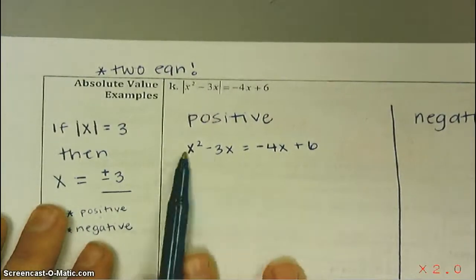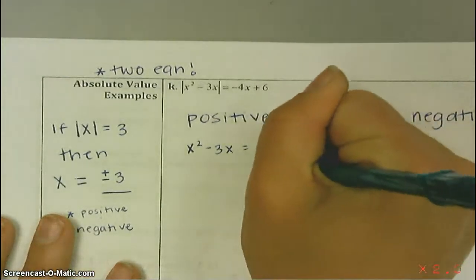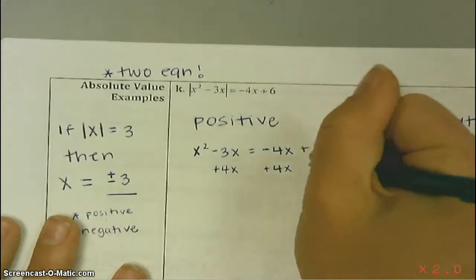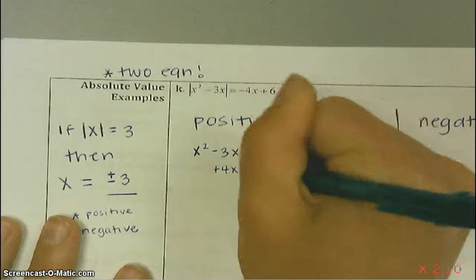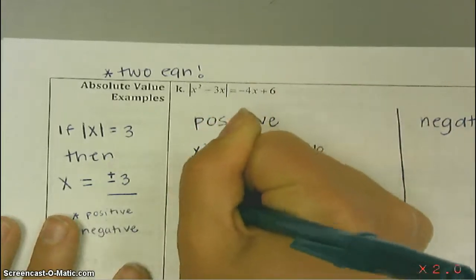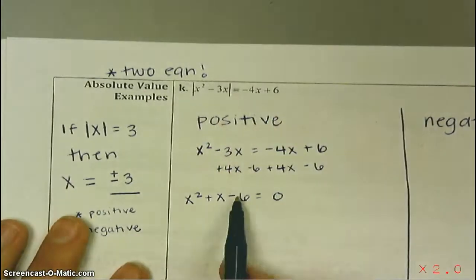What I would do, I see the x squared and the x, we probably are going to have a quadratic format. So I'm going to take what's on the right side, and we're going to take it over to the left part. So let's see, this becomes x squared plus x minus 6 equals 0. Again, this is factorable.